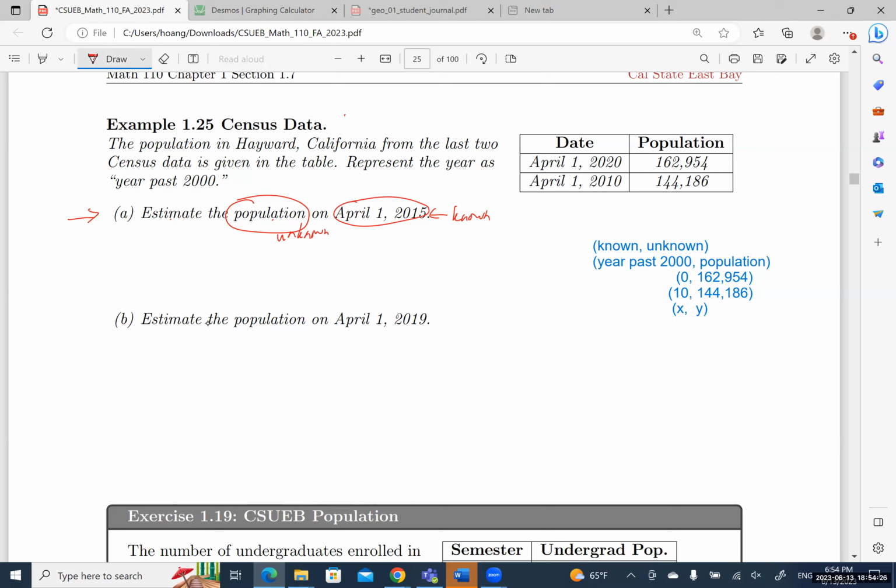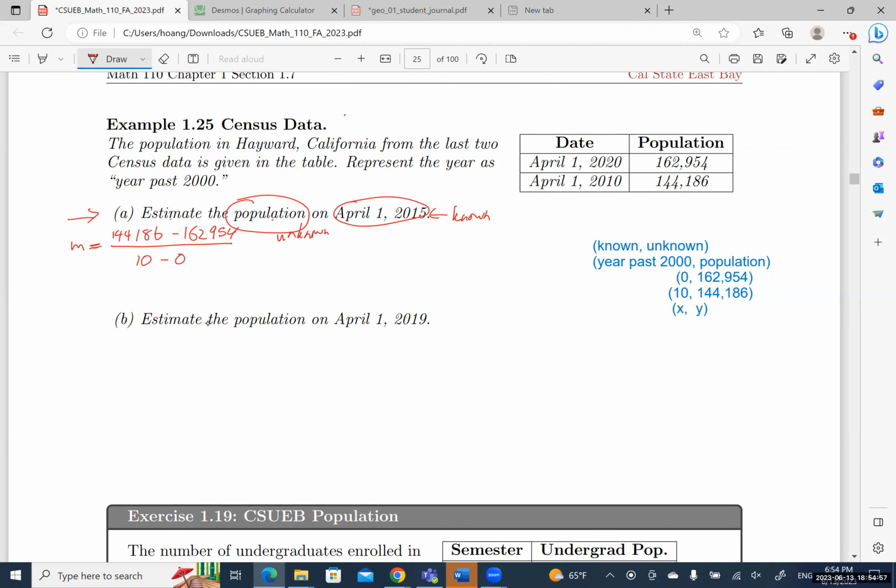All right, slope will be equal to y2 minus y1. So I am using y2 as 144,186 minus 162,954, divided by x2, which is 10 minus 0.